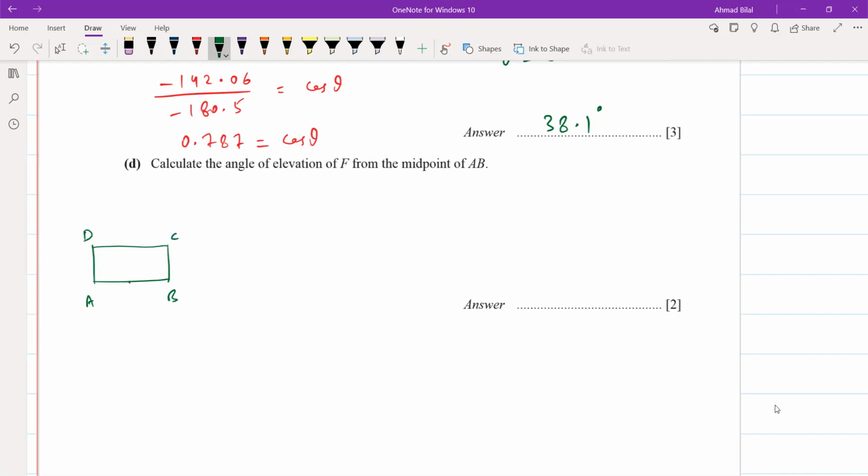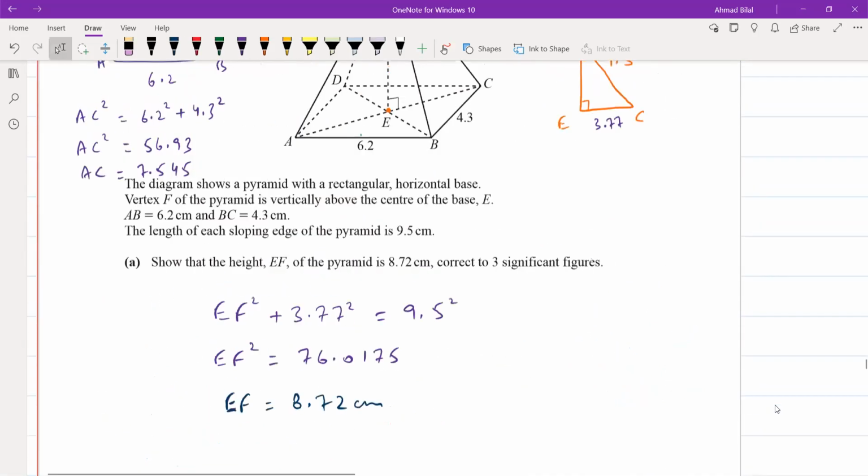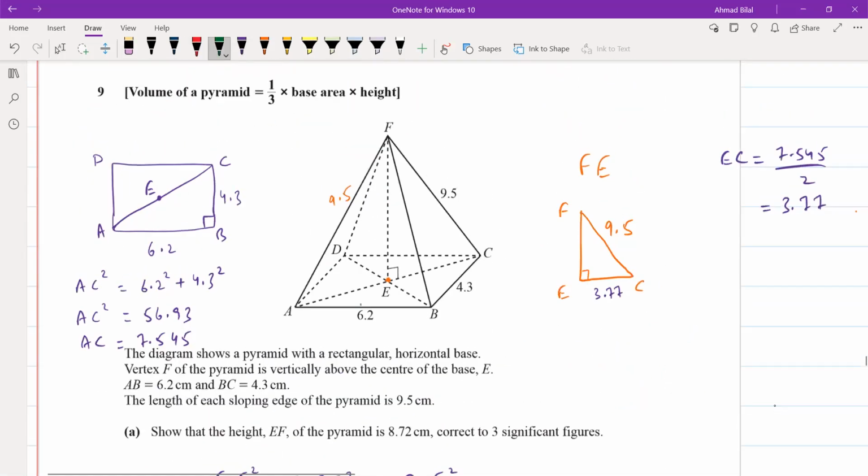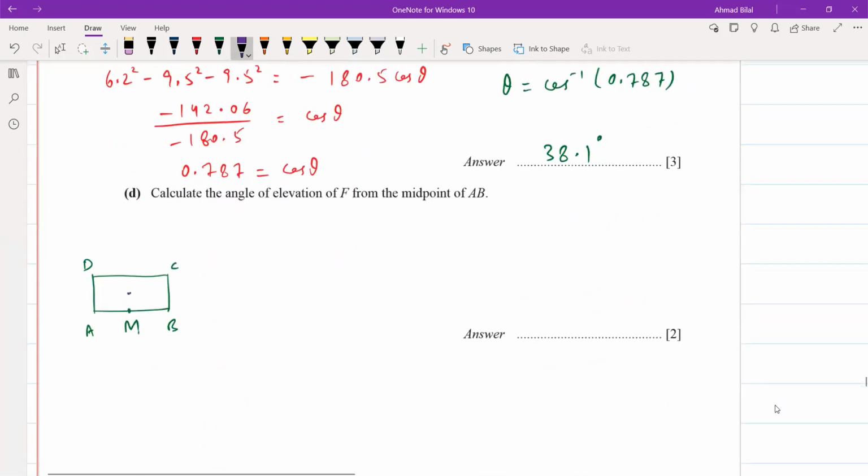What is the midpoint of AB? That is M. M आपका midpoint है, और जो E है यहाँ पे, E is right in the center here. This is E.